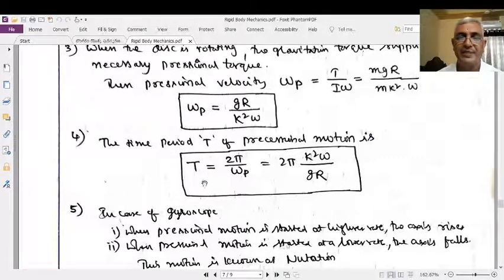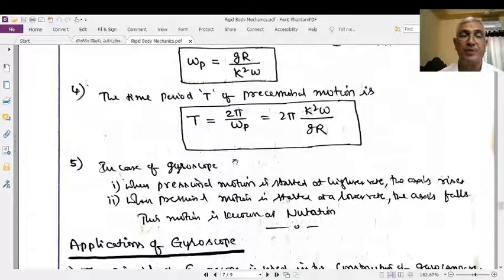It means that this is the time taken for one rotation of the axis of the spinning disc of the gyroscope in the motion of precession. That is very important.